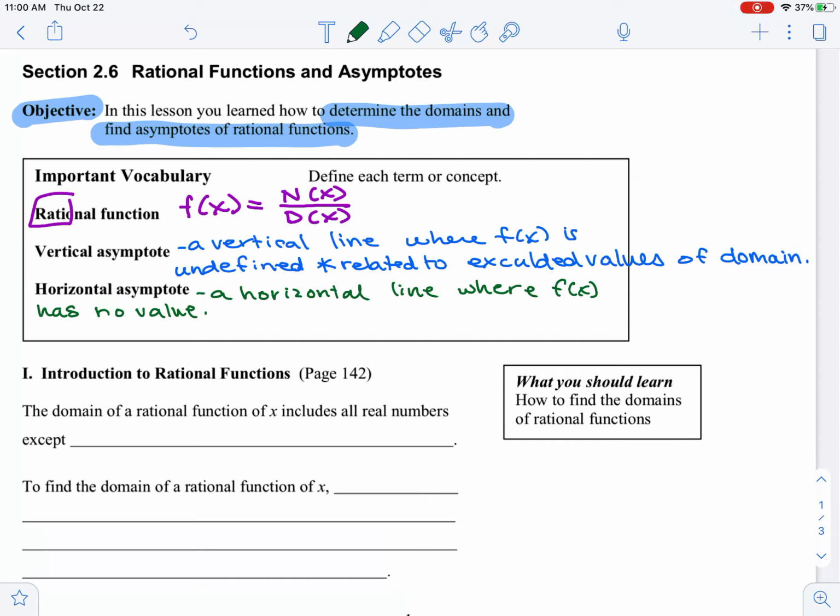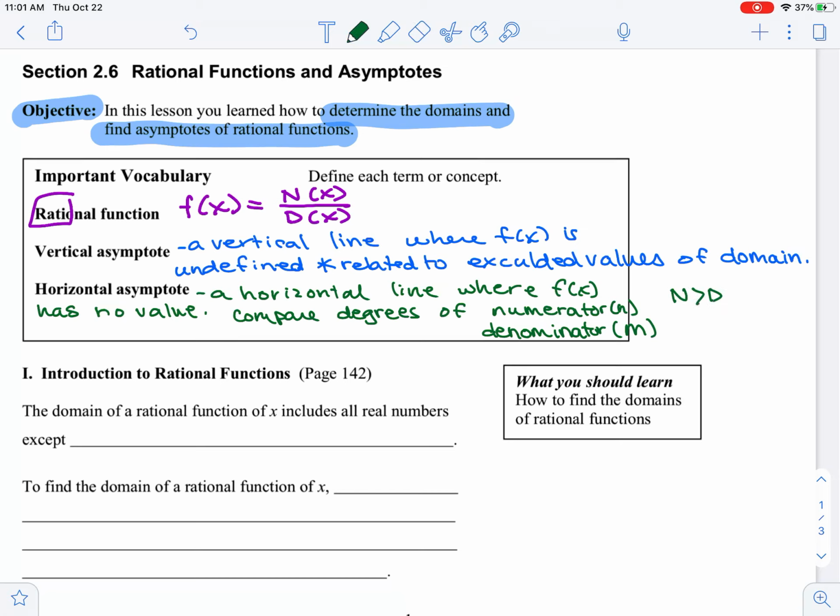And usually we find this and we compare the degrees of the numerator, we usually call that n, and the denominator, we usually call that m, where let's do it this way.